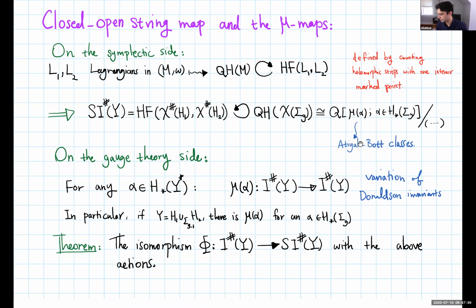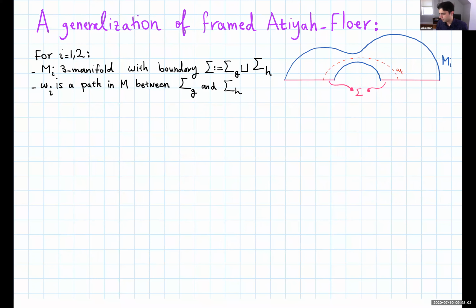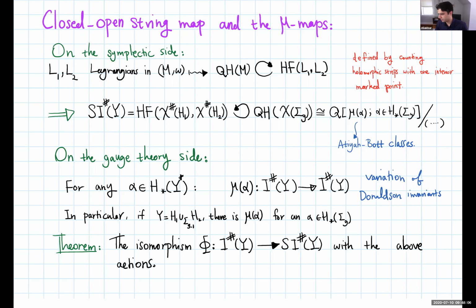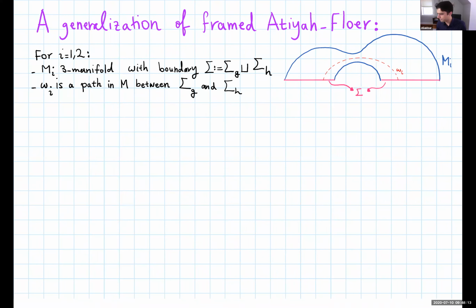In fact, to be more precise, for any element of sigma g, you have mu of alpha acting on symplectic instanton and the I sharp of Y, and that action commutes with the action of phi. This can be expanded a little bit, to say something about the closed open string map, but I should skip it here for the sake of time.